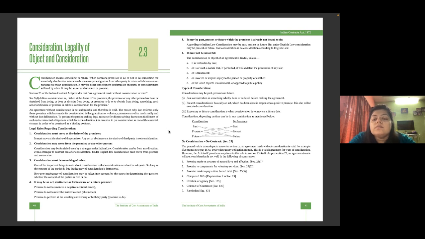So there can be contracts which can be made without consideration also.